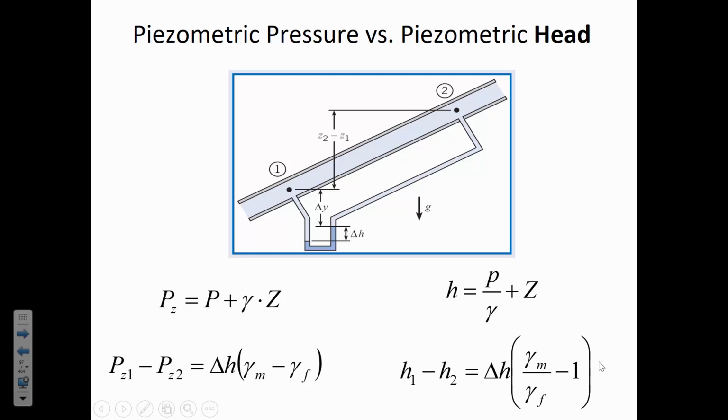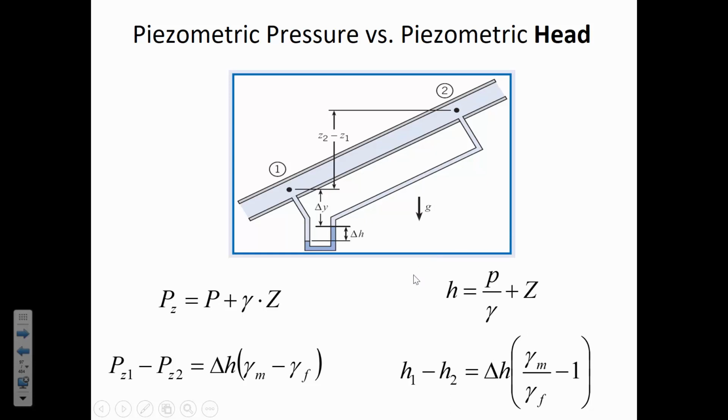Now remember that sometimes we use pressure to measure differences in potential energy between two locations. We can also express that in terms of piezometric head rather than piezometric pressure. And so piezometric pressure at a certain location is pressure plus gamma times z, where z is the elevation above some datum that we would measure all elevations in the system.